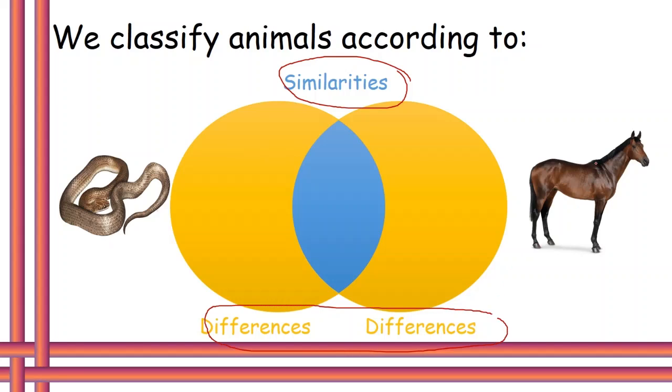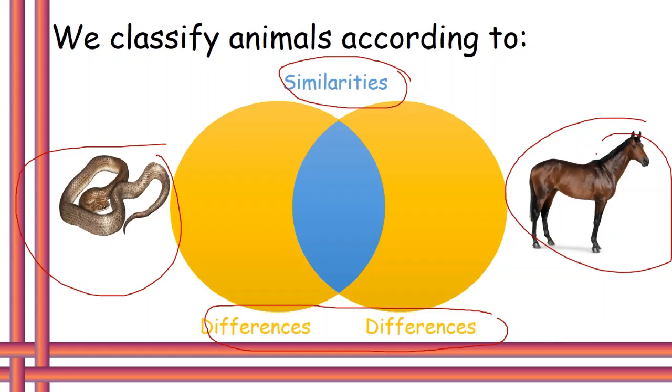There are a lot of differences between snake and horse, but there are also many similarities, but the differences are more and more. So the horse will belong to the class that has animals that have 4 legs, for example, like sheep.